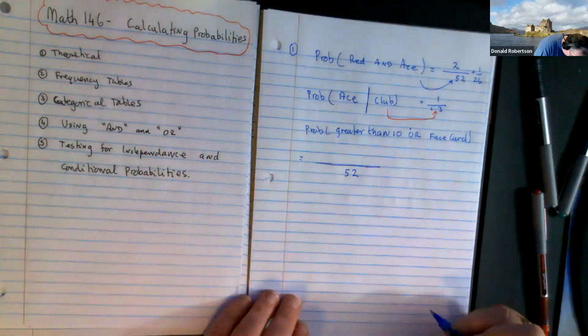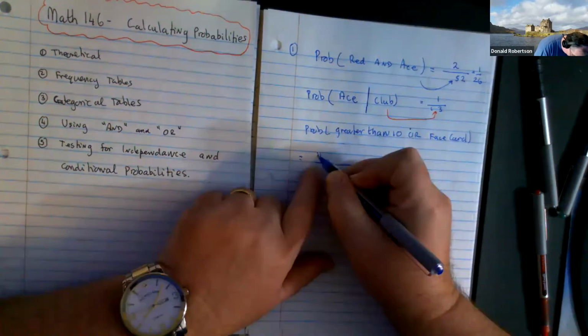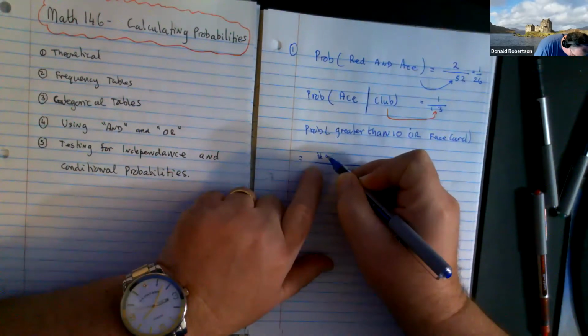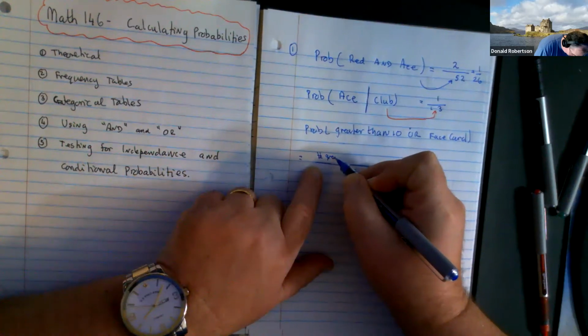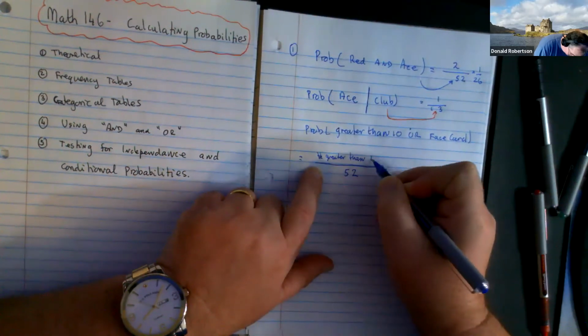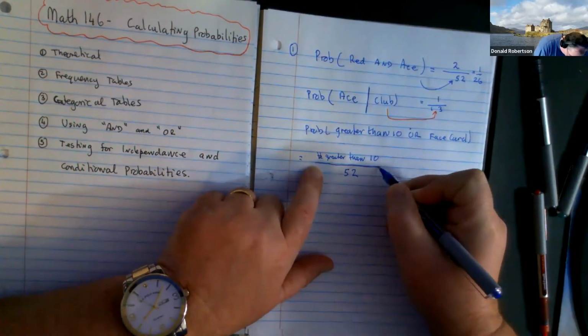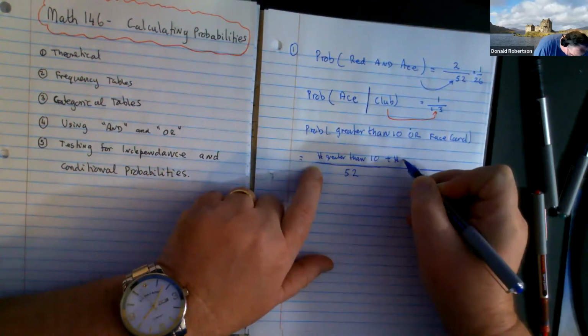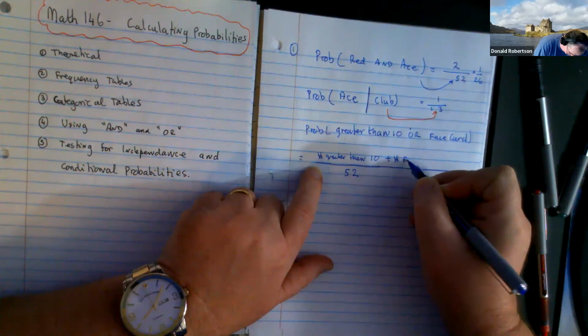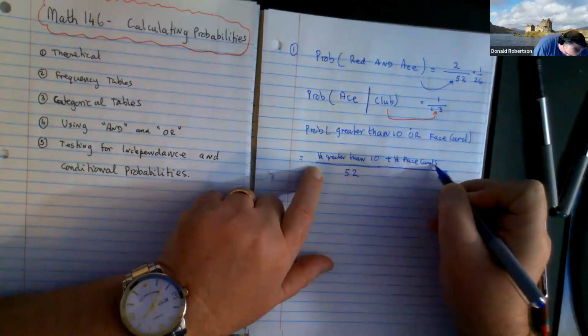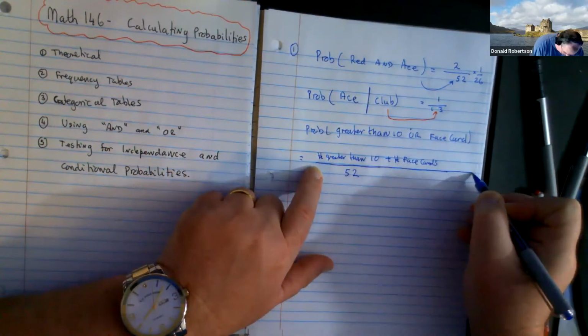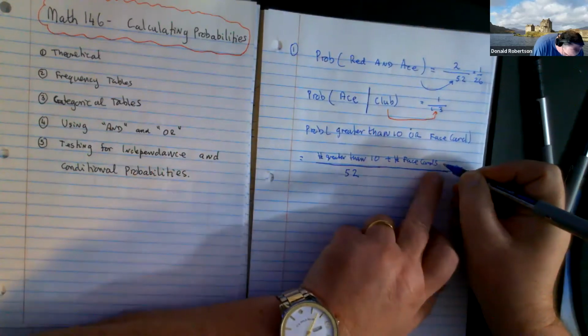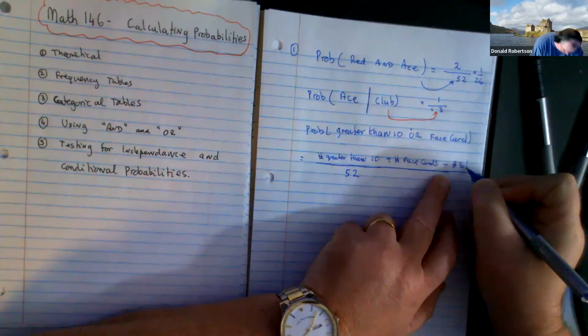So what you're going to do is find the number of cards that are greater than 10. Then you're going to add the number of cards that are face cards. Then you're going to subtract the number that is both those things.